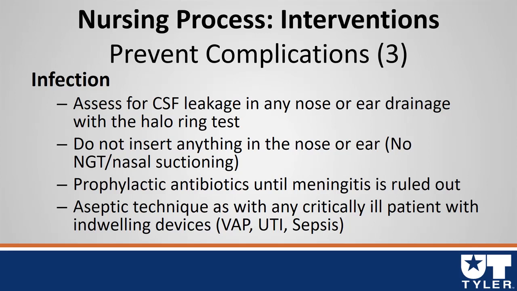Antibiotics will be considered if a CSF leak is suspected to prevent meningitis. Don't forget your other nursing interventions you already know: VAP prevention, or ventilator-associated pneumonia prevention, and UTI prevention.